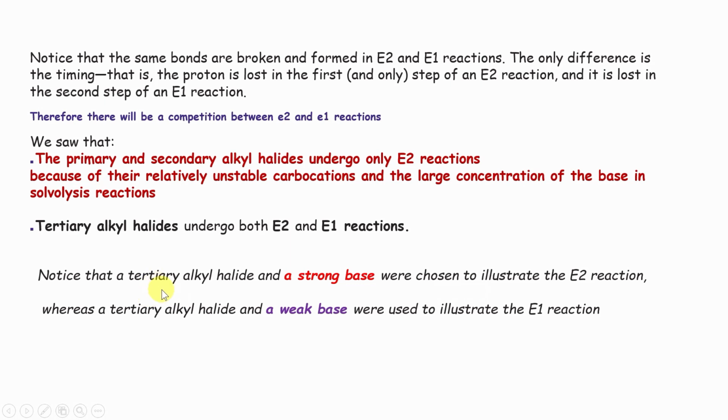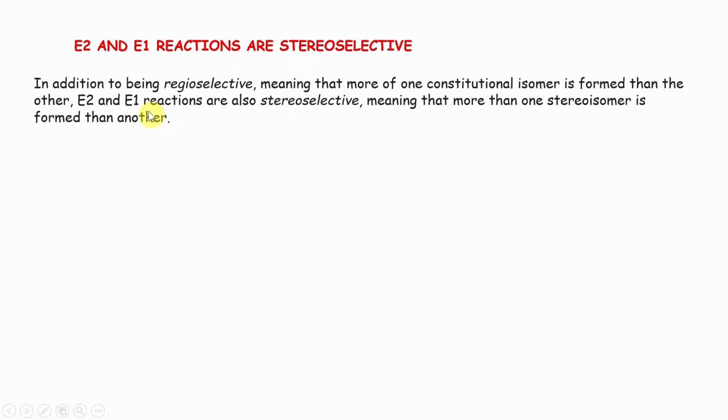Notice that a tertiary alkyl halide and a strong base, which is a requirement, were chosen for the E2 reaction, whereas a tertiary alkyl halide and a weak base were chosen to illustrate the E1 reaction. E2 and E1 reactions are stereoselective in addition to being regioselective.